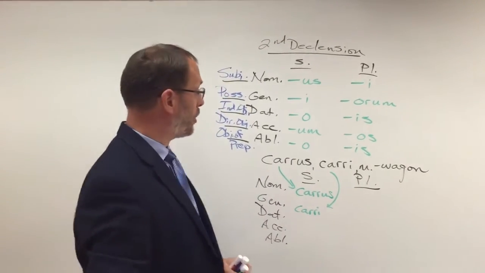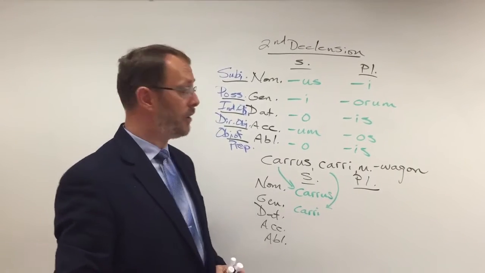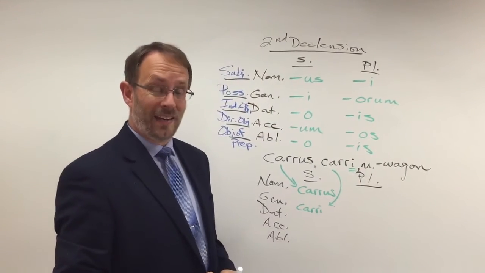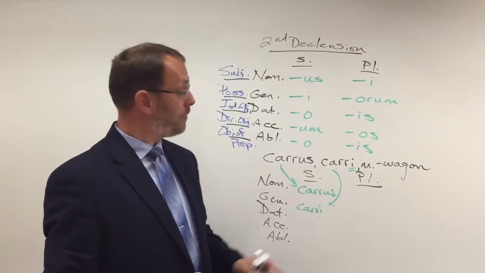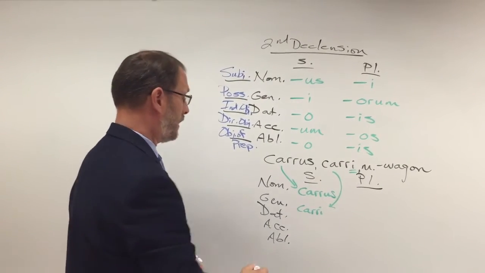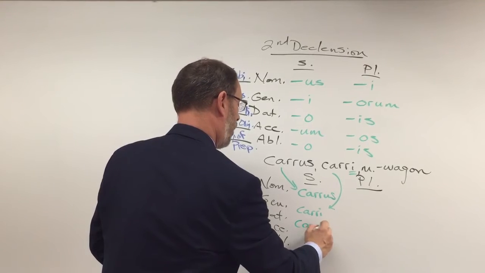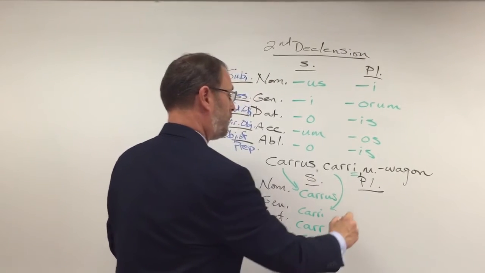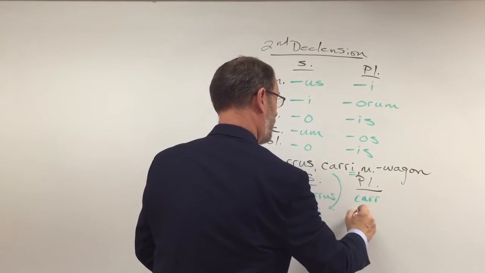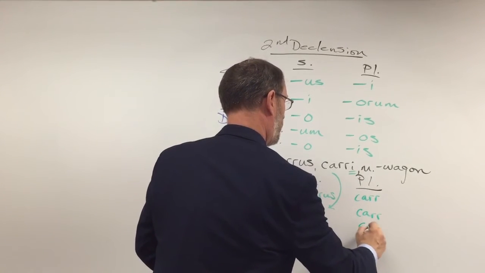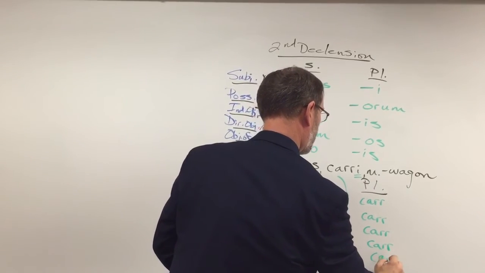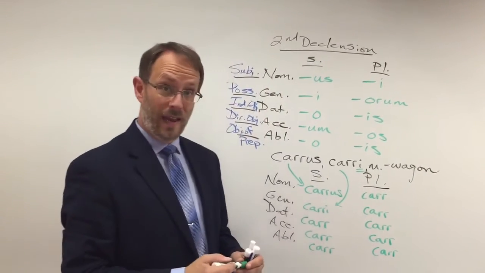And then if you remember, we're going to drop something from the second dictionary entry. It's going to be the very thing we use to recognize that this is second declension. We're going to drop that I off of there. C-A-R-R becomes a stem. As I keep saying, I always like to write the stem down everywhere. That way we know we've got it. And now we're ready for the endings.